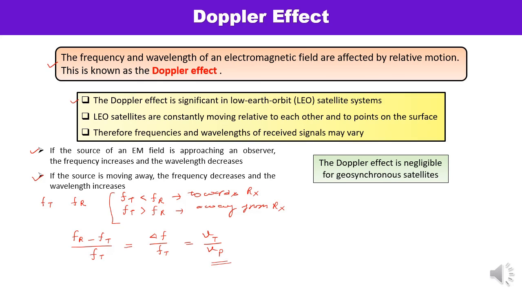Vt is the transmit velocity component which is directed towards the receiver. Vp is the phase velocity. If the transmitter is moving away from the receiver, in that case Vt will be negative. You have already studied this. So in this way you can explain the Doppler effect, which is going to impact the satellite orbit depending on which orbit the satellite is in.